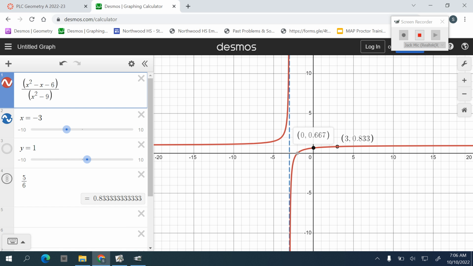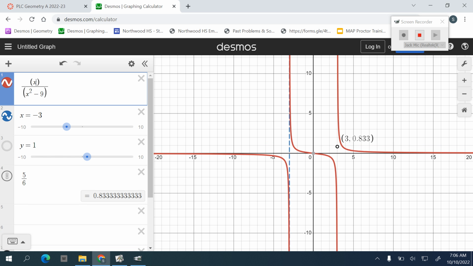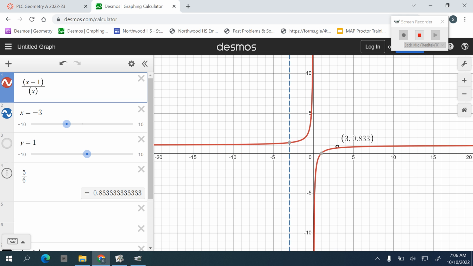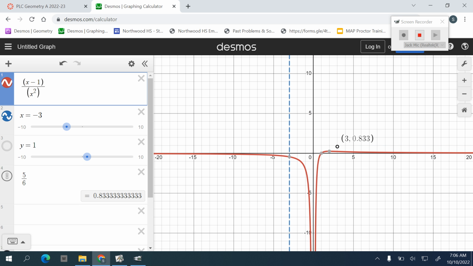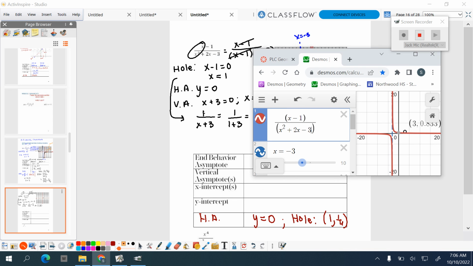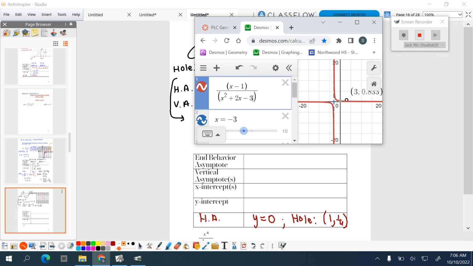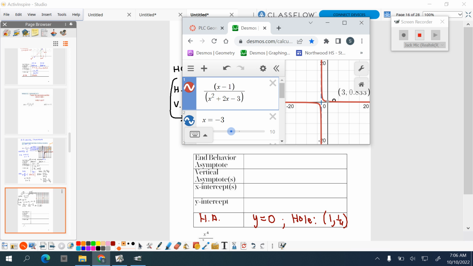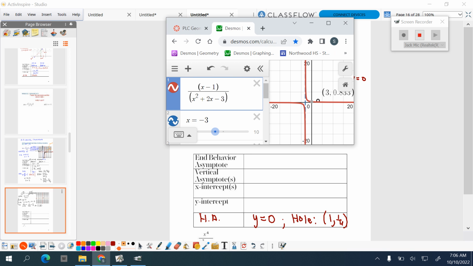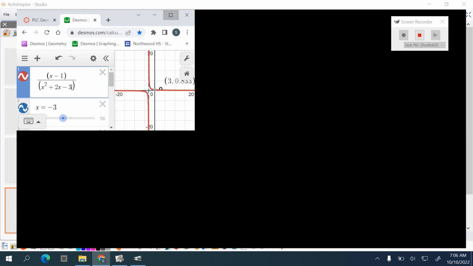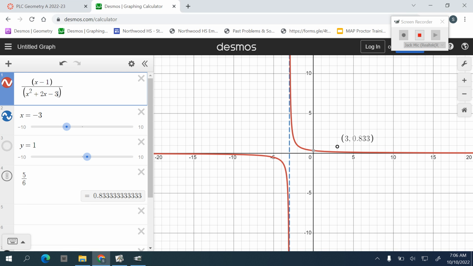So x minus 1 over x squared plus 2x minus 3. And just want to make sure I wrote that correctly. I don't think I did. Plus 2x minus 3. Trying to figure out why I got the hole wrong. Let's see here.